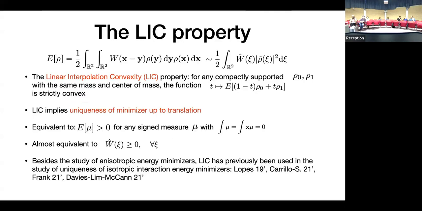So we say that some energy functional E, or we can say that for some interaction potential W, has a linear interpolation convexity property if we have the following property.